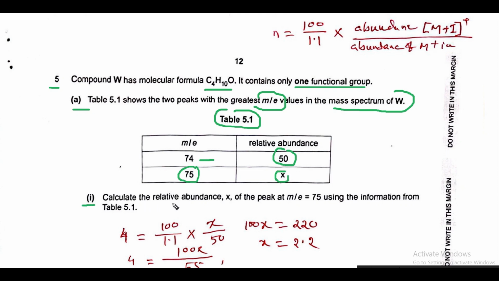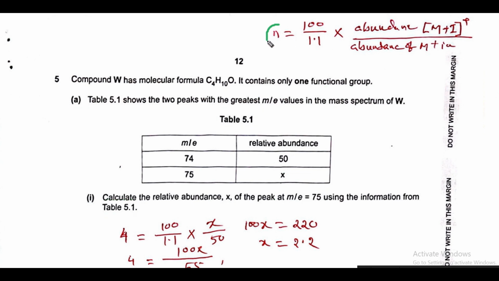1. Calculate the relative abundance X of the peak m/e equals 75 using the information from Table 5.1. And we know the number of carbon atoms equals 100 divided by 1.1 times the abundance of the M+1 ion peak divided by the abundance of the M ion.